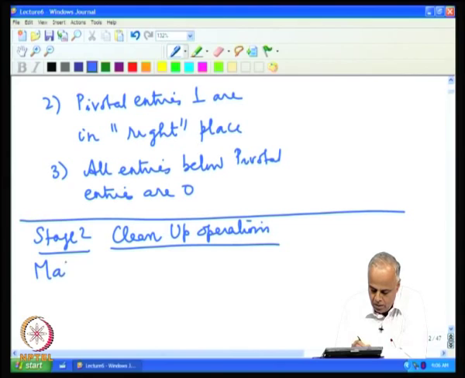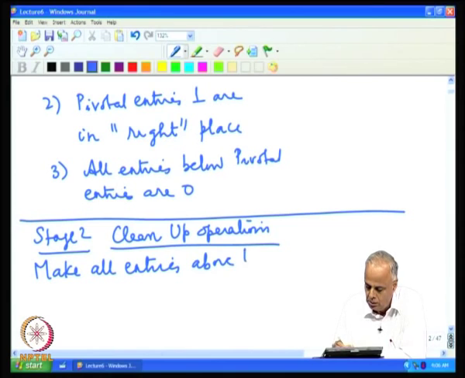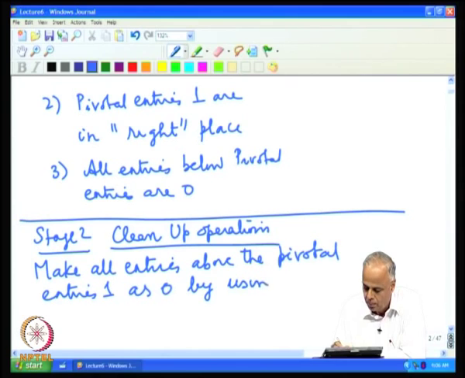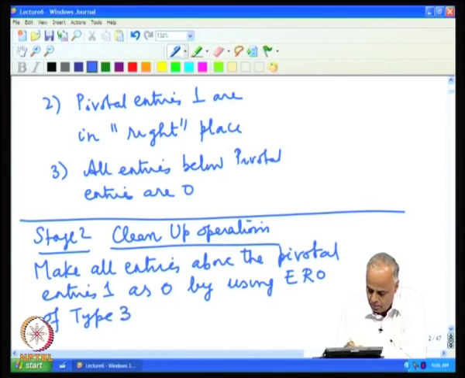Make all entries above the pivotal entries 1 as 0 by using EROs of type 3, type 2.